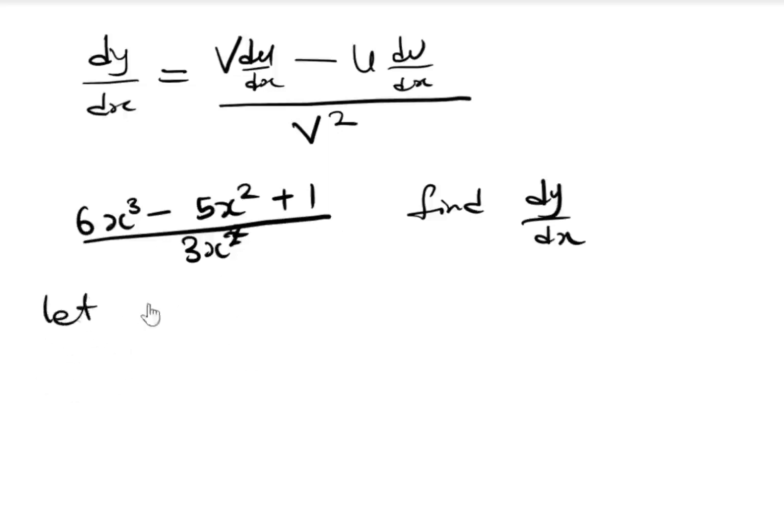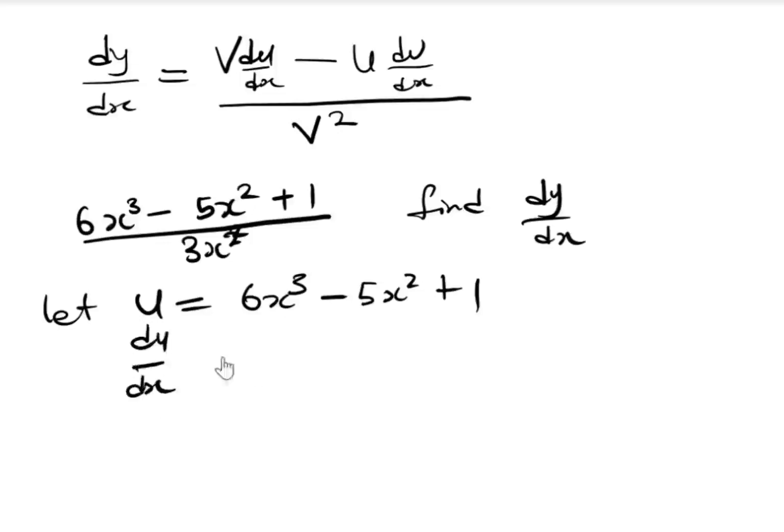Let u be equal to 6x cubed minus 5x squared plus 1. Then du/dx will be equal to differentiation of 6x cubed will give me 18x squared, minus differentiation of 5x squared will give me 10x.